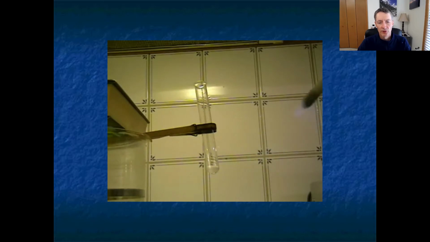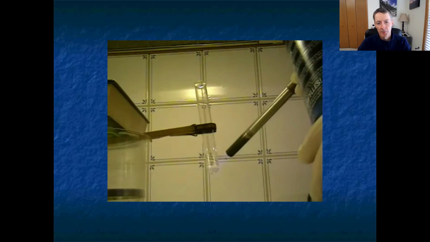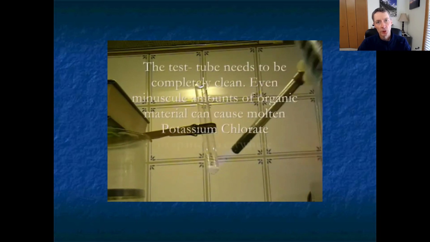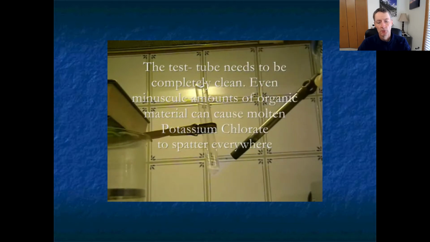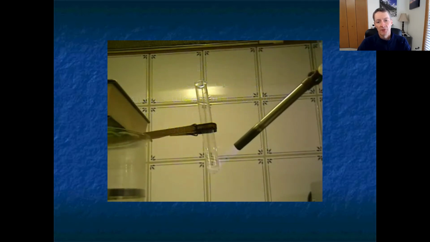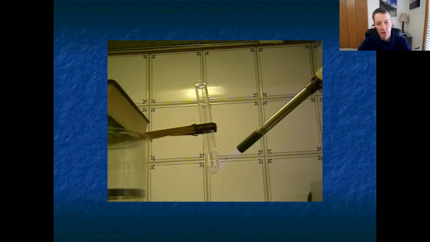All right, guys, so this is potassium chlorate, which is very good at pulling electrons away from other molecules. It's like oxygen in that way. And for that reason, we call it an oxidant. Okay? So potassium chlorate, we're just melting it here in the tube.